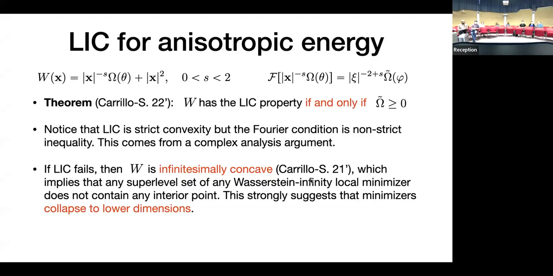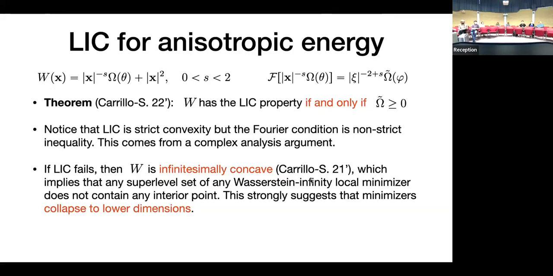So this property basically tells you that the minimizers get unstable on any small scale. If you have a little bulk in your probability measure, then it is actually unstable with respect to energy. If you break into pieces, the energy gets smaller. So that basically tells you that any energy minimizer cannot contain any bulk like that.